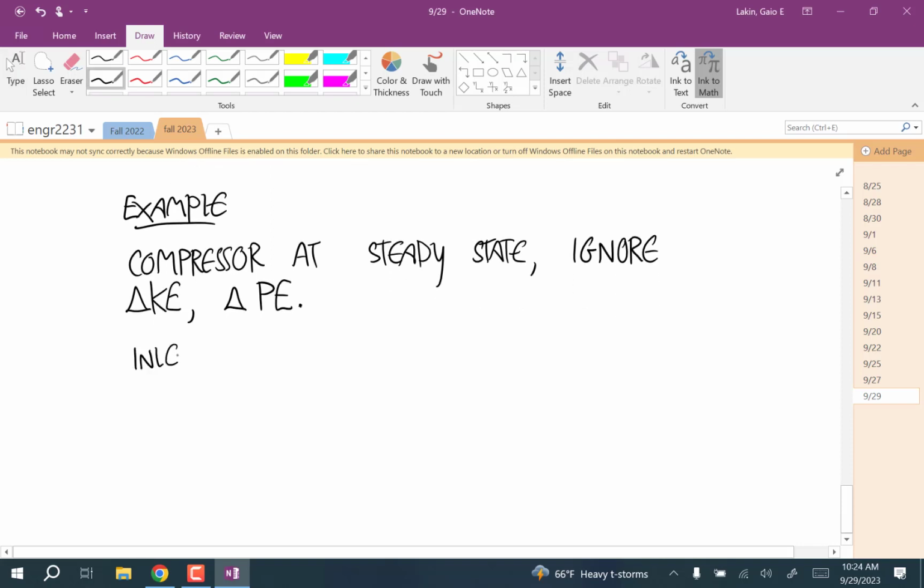And at the inlet, we're given that the pressure is 1 atmosphere. 1 atmosphere is the same as 1 bar, I believe, so 1 times 10 to the 5th pascals. And the specific enthalpy at the inlet is 290 times 10 to the 3rd joules per kilogram.